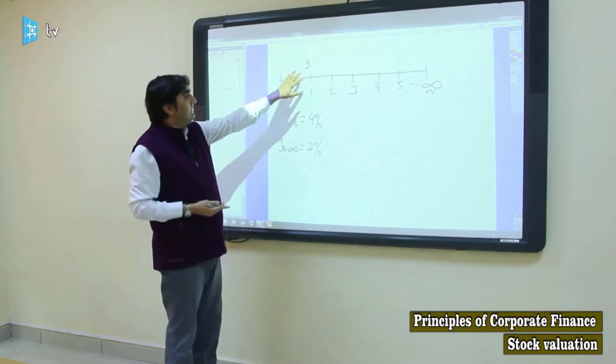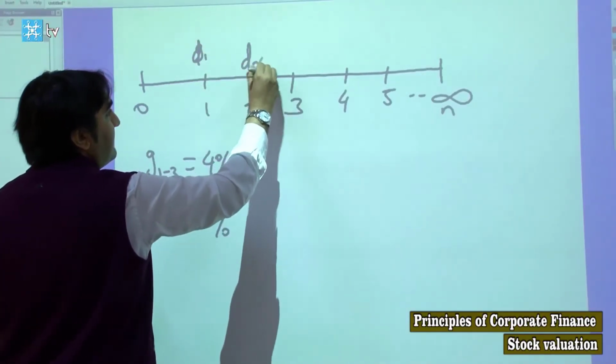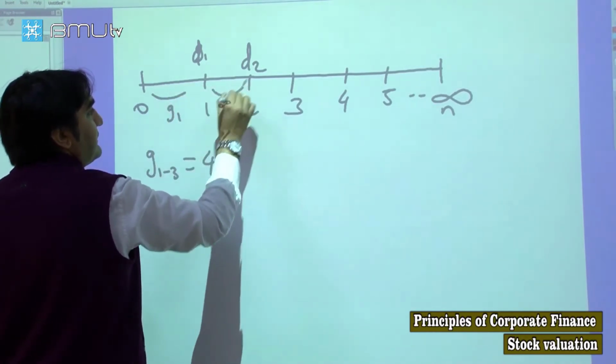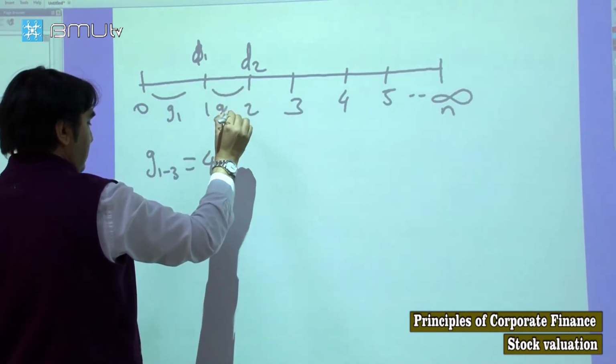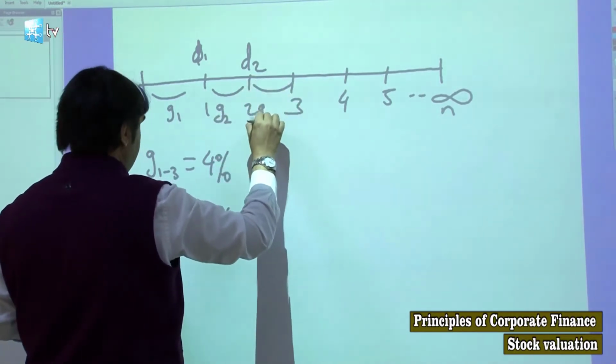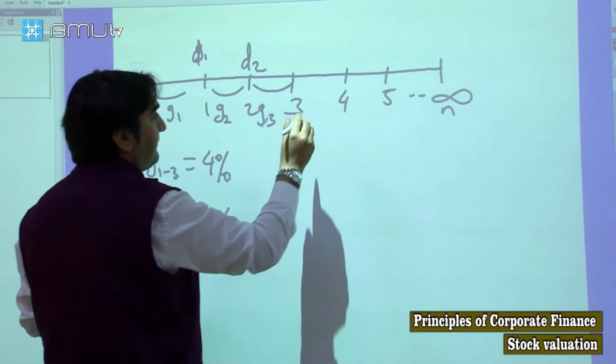Same logic, we need to find dividends here. So the growth rates are G1, G2 and G3. G1 and G3 are the same.